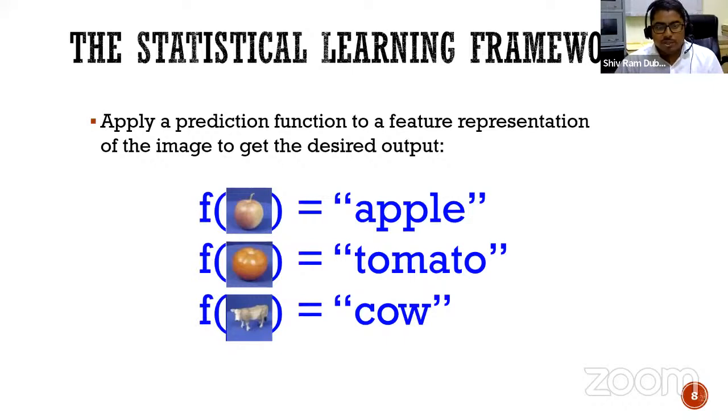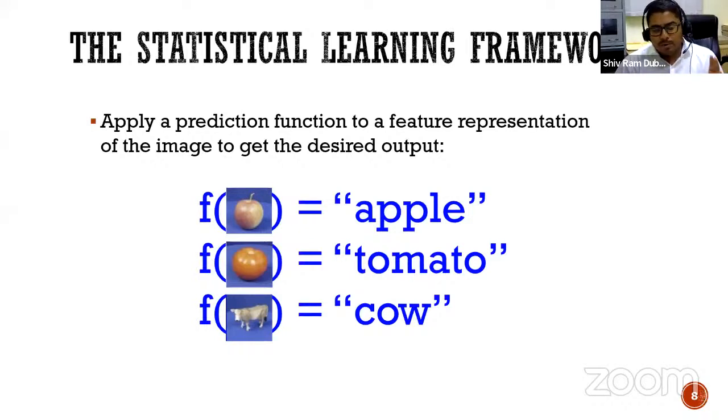What will that function be? It could be anything, and based on the function, we can have a different classifier. We can have a nearest neighbor classifier, a support vector machine, a neural network, a linear classifier, or nowadays a convolutional neural network or other such networks.